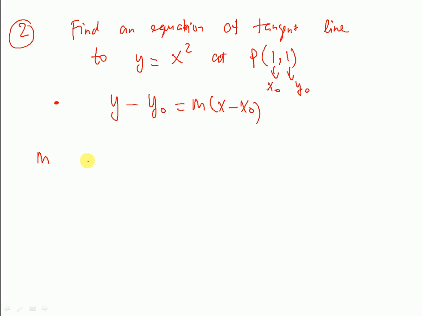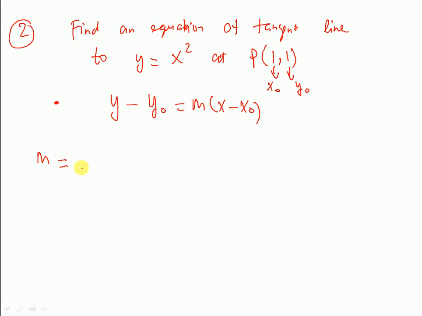Now, the slope of the tangent line is what? The slope of the tangent line is the derivative of the function at that point. So we just have to find the derivative of this function at this point. That's equal to the slope of the tangent line.